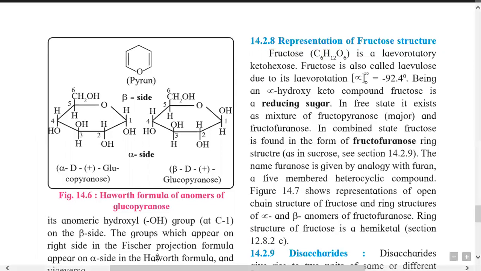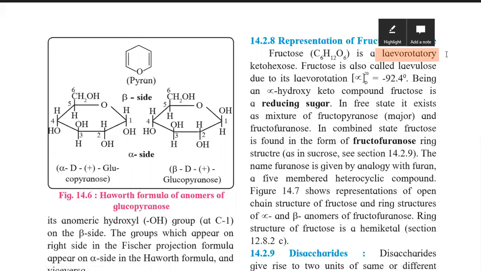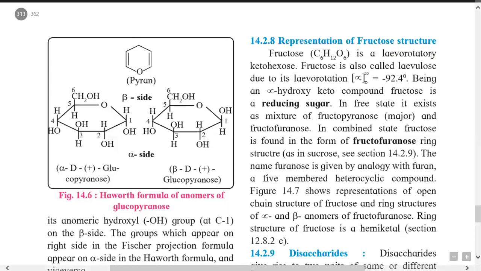This fructose is levorotatory, that is, it shows rotation towards the left side, so it is optically active. It shows negative rotation. It is a ketohexose because it contains a ketone functional group and is a 6 carbon atom sugar.